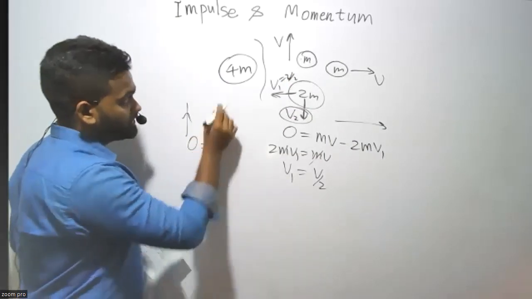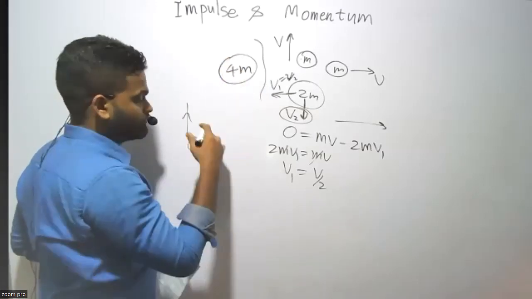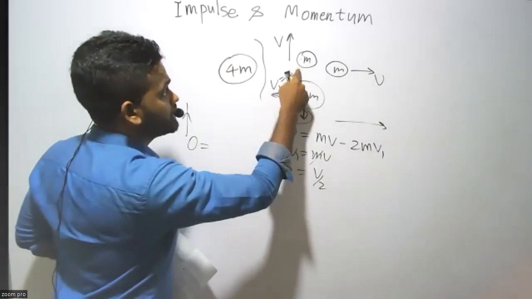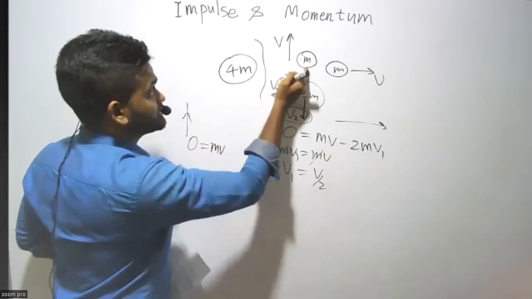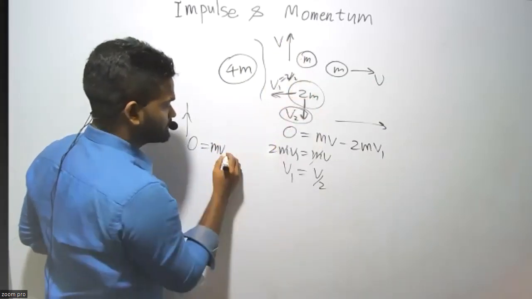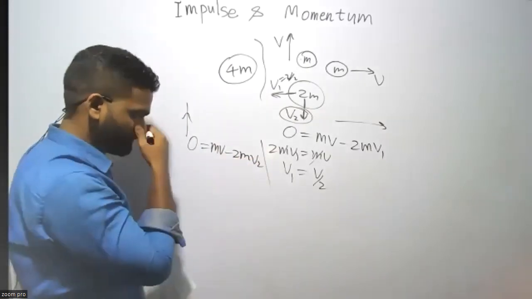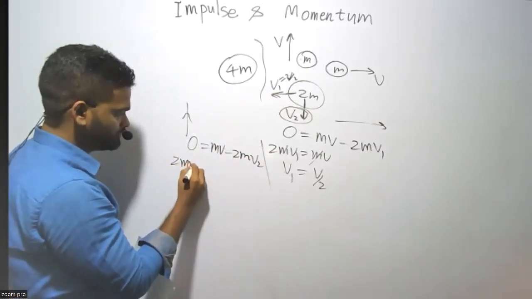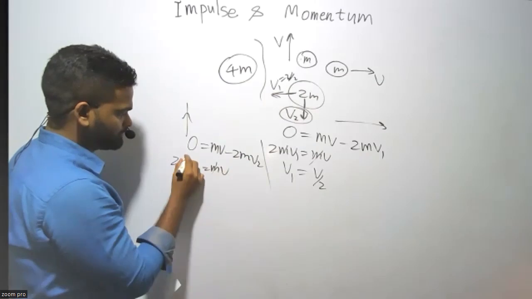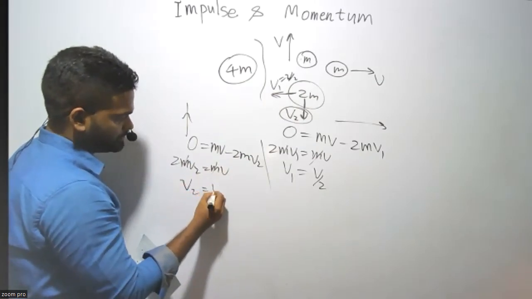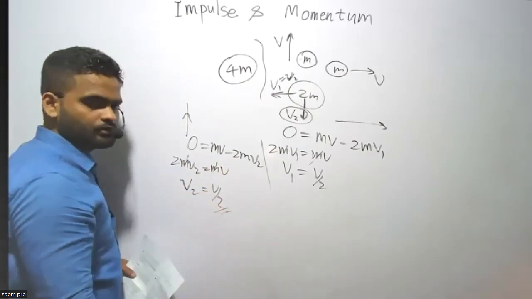Initial momentum is 0. This is at rest. Final momentum of the system: upwards it is mv, downwards minus 2m v2. So 2m v2 equals mv. So v2 is equal to v over 2. So v2 also is v over 2.